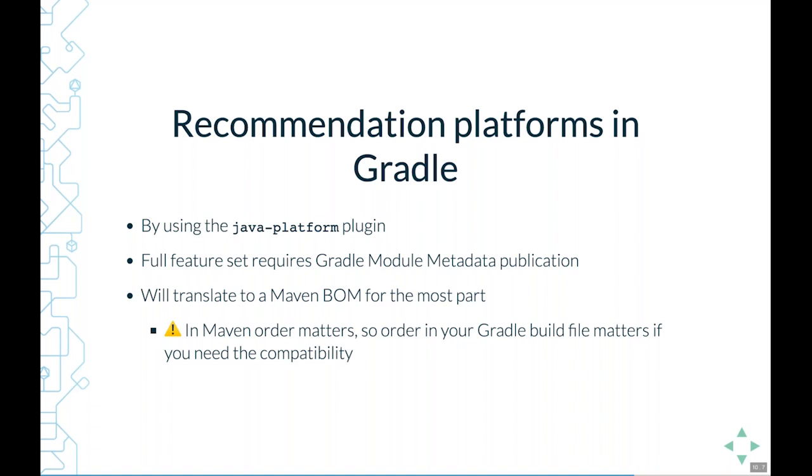What's important if you intend to use a Java Platform plugin to create such a BOM and then make it a Maven BOM to be published and consumed by Maven users, order matters a whole lot in Maven, as we've discussed. Because the order matters, it suddenly means that the order matters in your Gradle build file. It doesn't matter for Gradle or Gradle consumers, but it does matter for your Maven consumers.